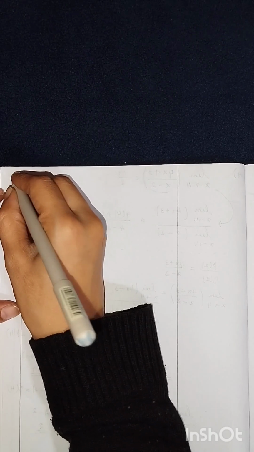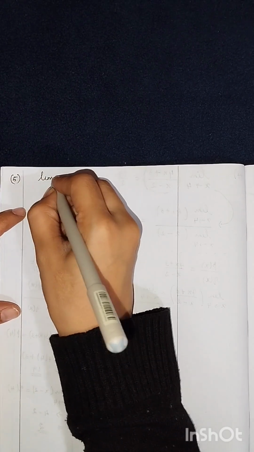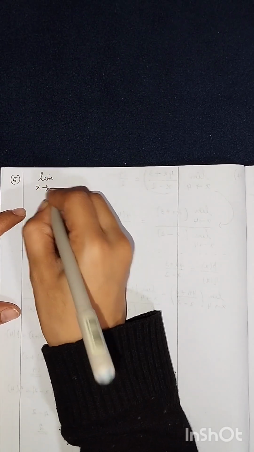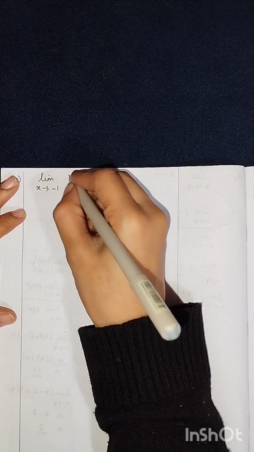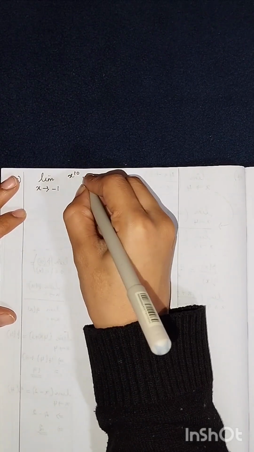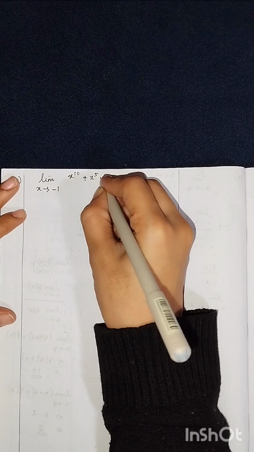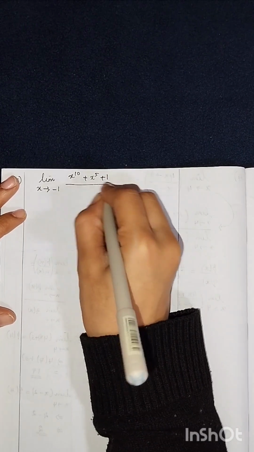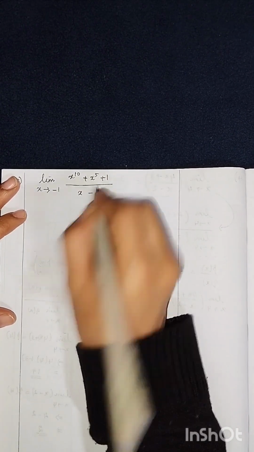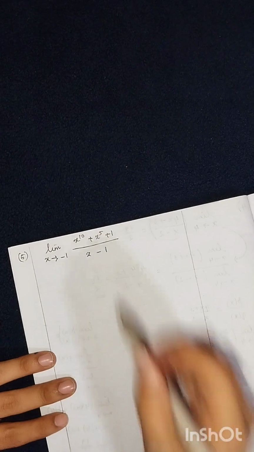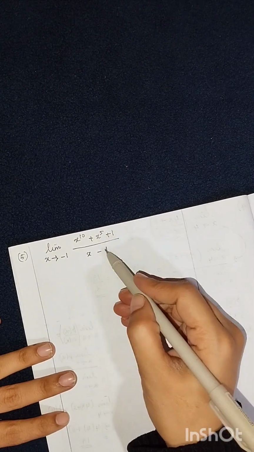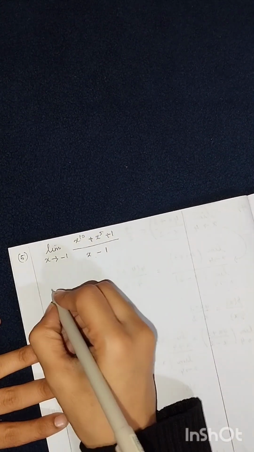Now the fifth question: limit x approaches minus 1 of x to the power of 10 plus x to the power of 5 plus 1, divided by x minus 1. Now even this is a rational function, polynomial by polynomial.